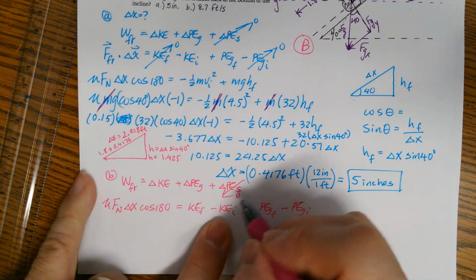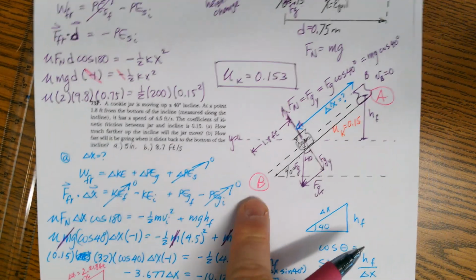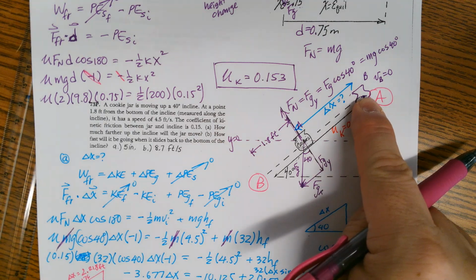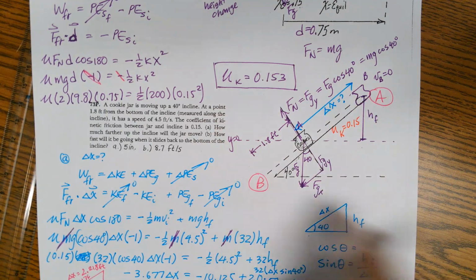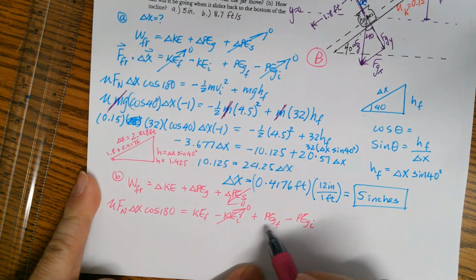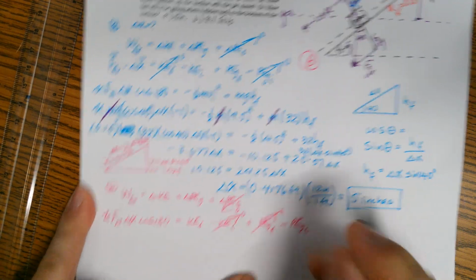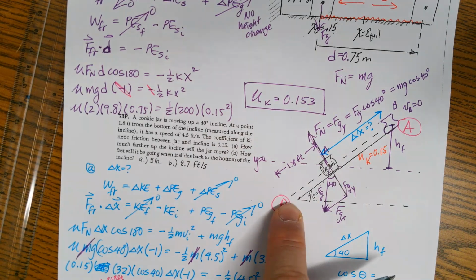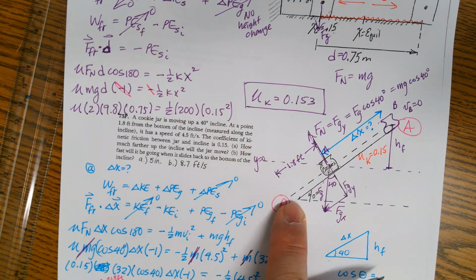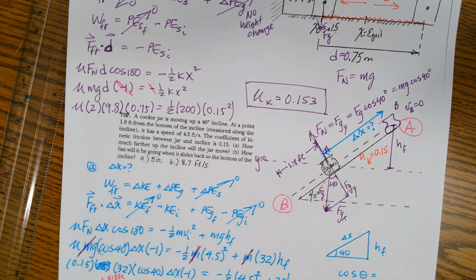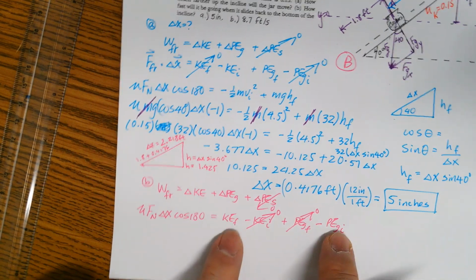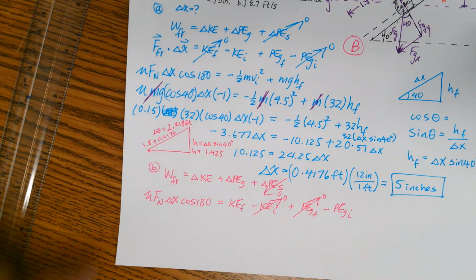Initially, kinetic energy is 0 because once it goes to the maximum height, it stops instantaneously before it comes back down. Potential energy final gravitation is 0 because now once it reaches the bottom, this is our new 0, so I have no potential energy gravitation whatsoever. So these two are the only ones remaining.